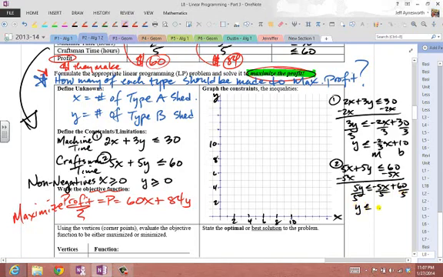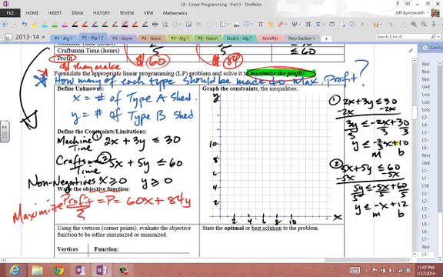You get y less than or equal to negative x plus 12, since 60 divided by 5 is 12. So now my slope here is negative 1, and my y-intercept is 12. So let's graph these one by one.